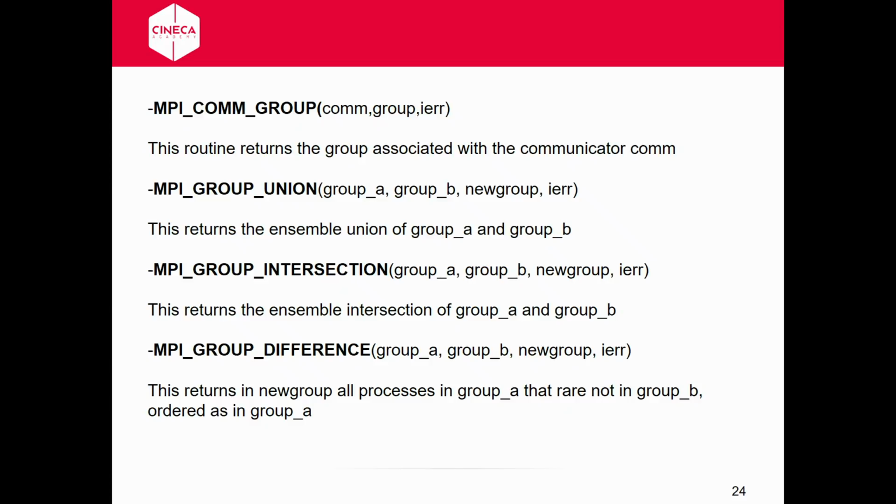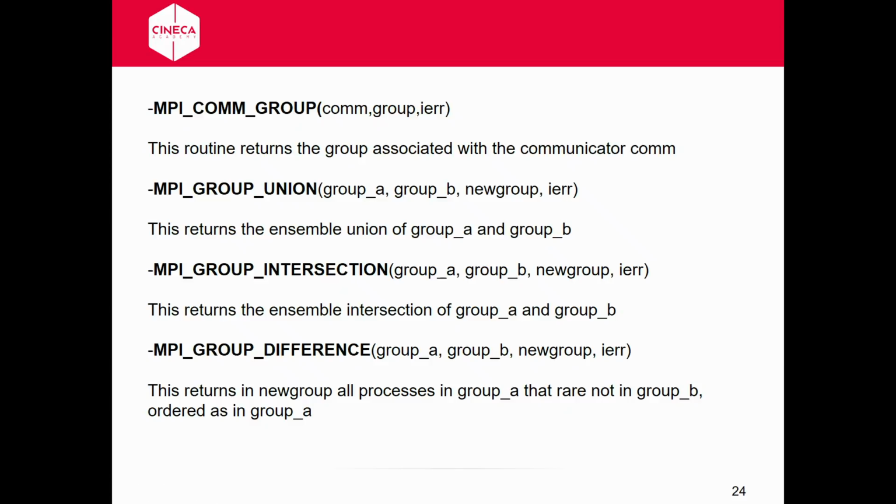You can, for example, merge two groups through the MPI_Group_union command simply by putting as arguments the name of the first group, the name of the second group, the name of the merged group, and the error variable as usual.